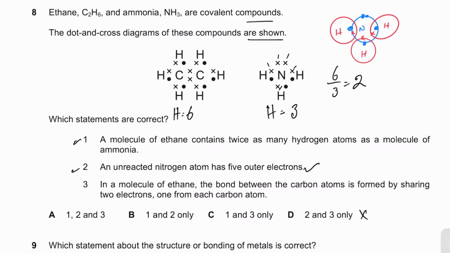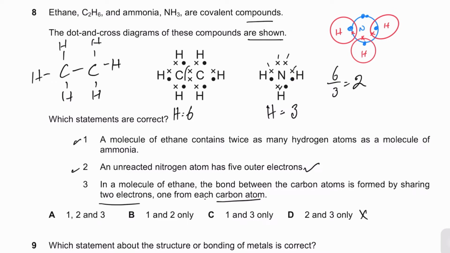In a molecule of ethane, the bond between the carbon atoms is formed by sharing 2 electrons, one from each carbon atom. So we have ethane, and ethane is going to be drawn like this.